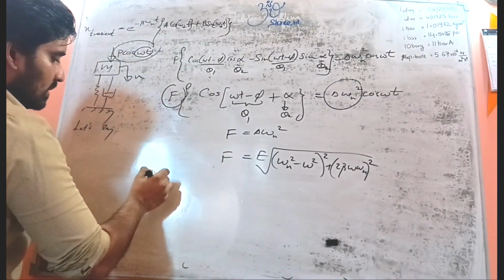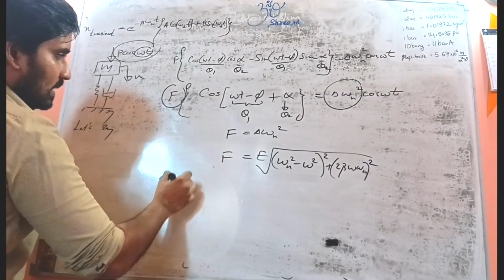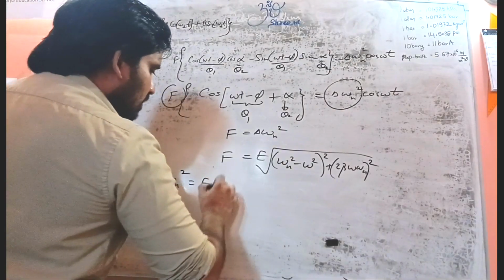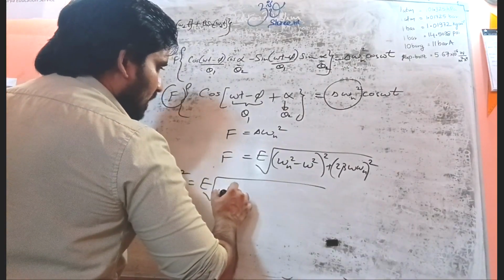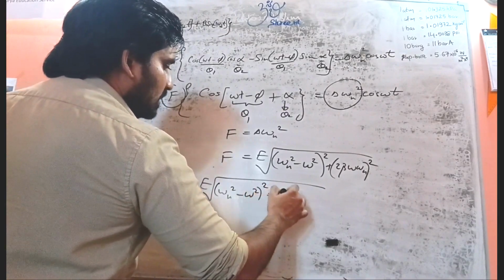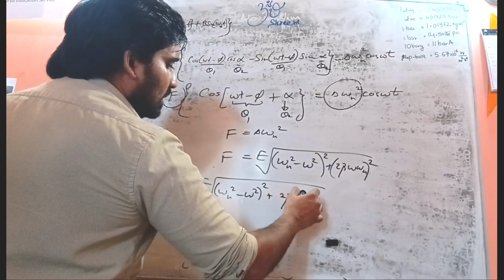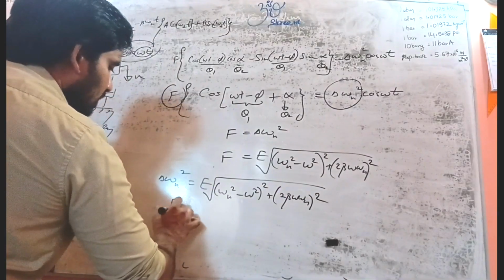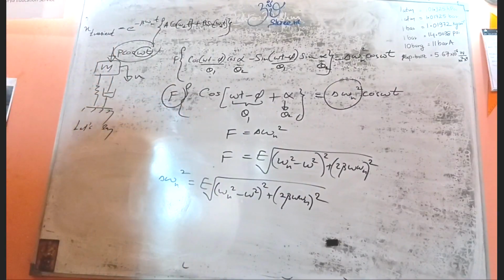Just equate delta omega n squared equals E times square root of omega n squared minus omega squared, whole thing squared, plus 2 beta omega n, whole thing squared. So then what is E now?